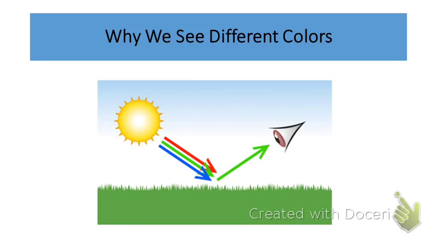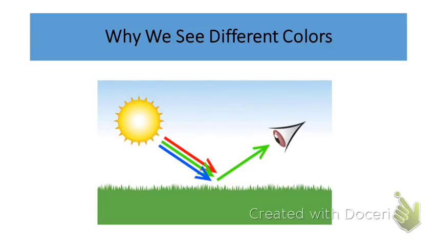Now, the Earth has a lot of grass, as you know, and grass is made up of different types of compounds or molecules. There are certain compounds in grass that will absorb some of the light, and others it's going to reflect and will not absorb.